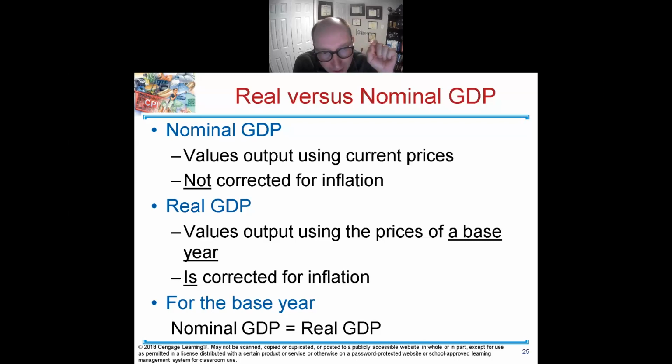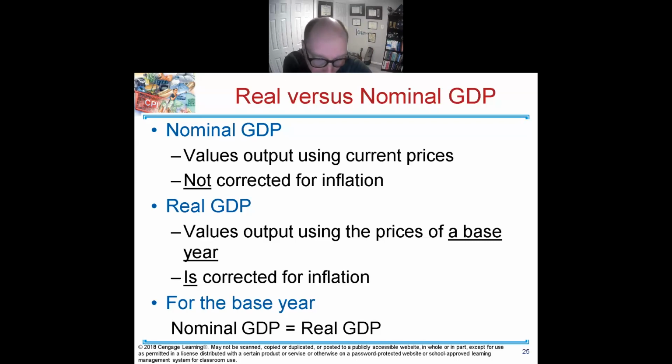This is not corrected for inflation. Inflation has no basis on nominal GDP. Real gross domestic product values output using the prices of a base year, where we look at last year's prices, and we correct it based off of inflation.